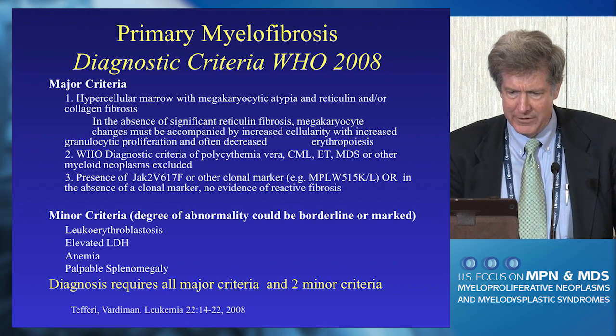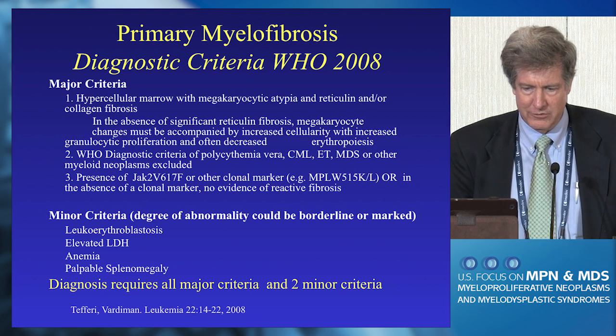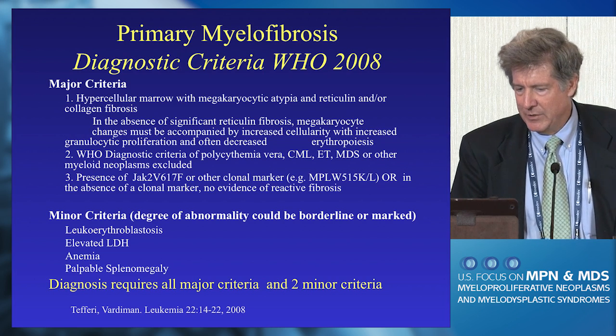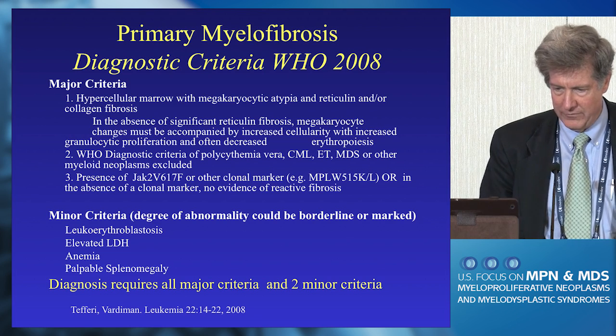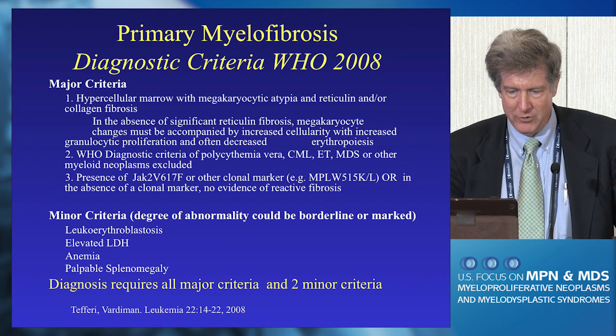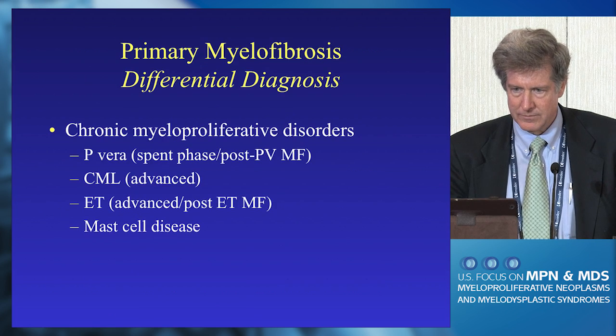The minor criteria, which could be either borderline or marked, included leukoerythroblastic changes, elevated LDH, anemia, or splenomegaly on physical exam. And a little bit like a Chinese menu, you needed all major criteria and 2 minor criteria to make the diagnosis.